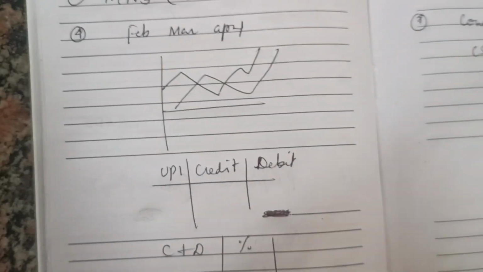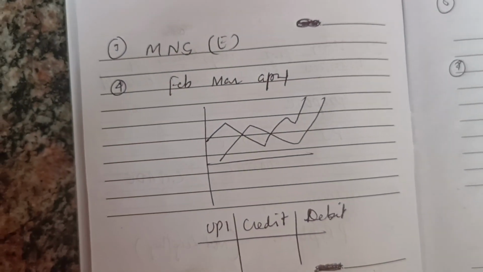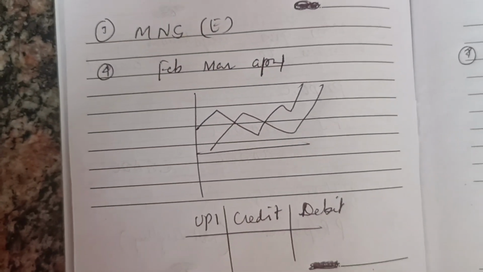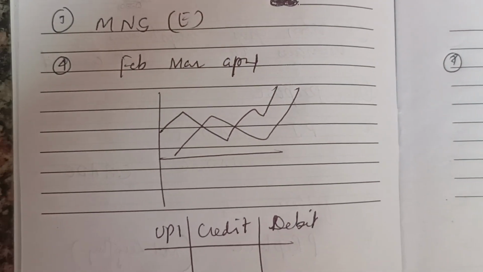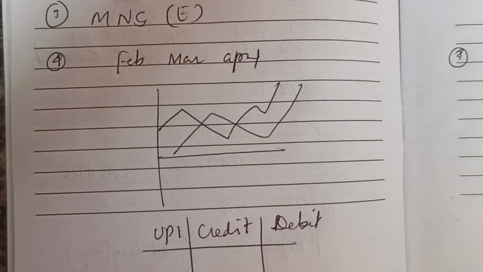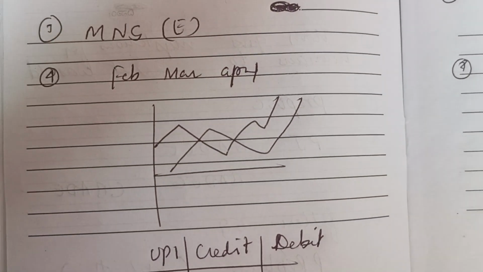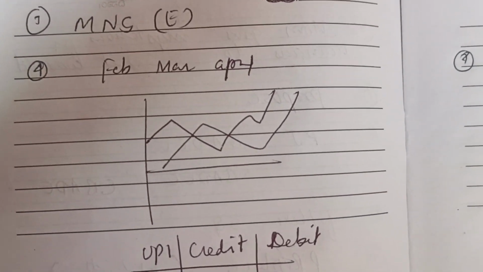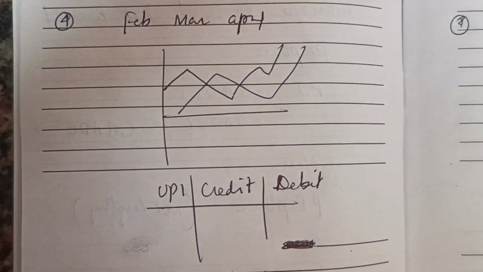So in this quant section, all the DIs were calculative, so they are a bit lengthy actually. Obviously it will be lengthy, since I already told you this is a single exam, so it must be above the pre-level and below the mains level, so it is okay.